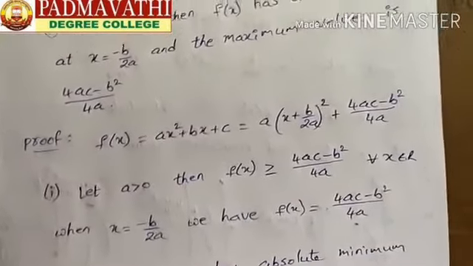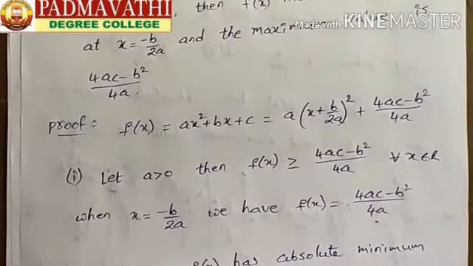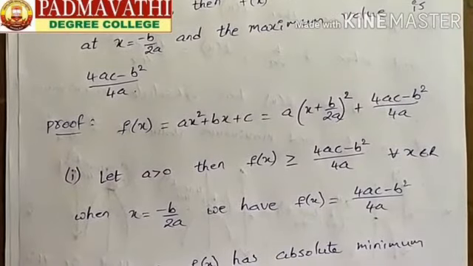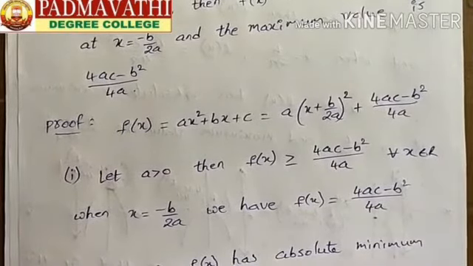Here, given expression f of x equal to ax square plus bx plus c. This expression we can write as a into x plus b by 2a whole square plus 4ac minus b square by 4a.